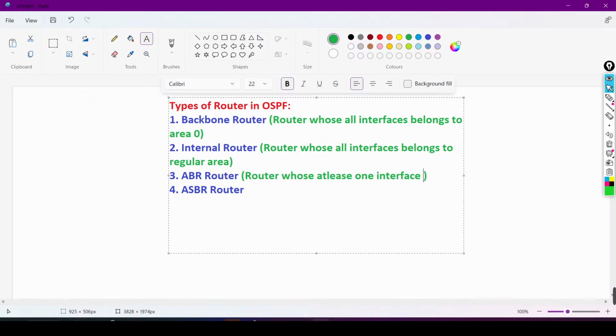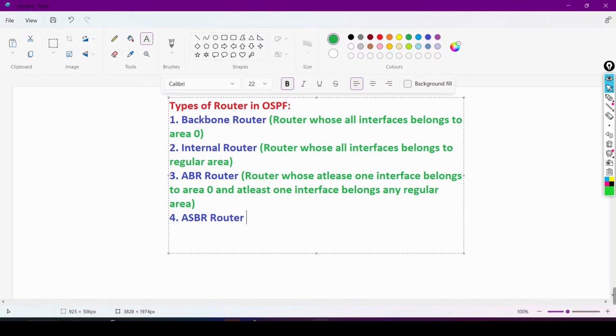A router whose at least one interface belongs to area 0 and at least one interface belongs to any regular area, that type of router is nothing but an ABR router. Getting my point, guys?